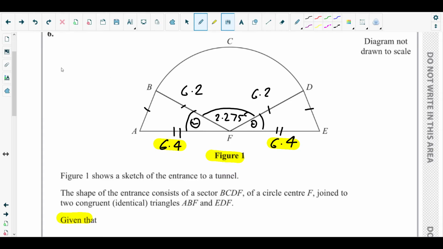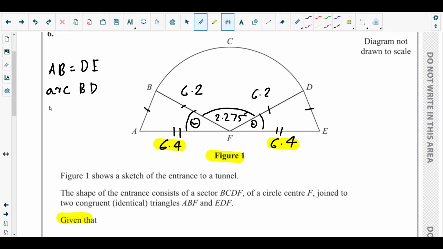AB and DE are equal, so we need to find only one of them. The length of arc BD is also unknown. Our first job is to find the length of AB.